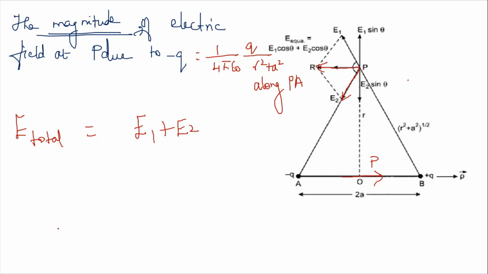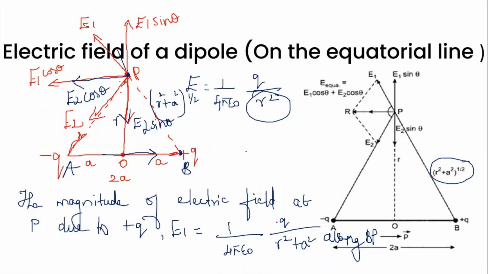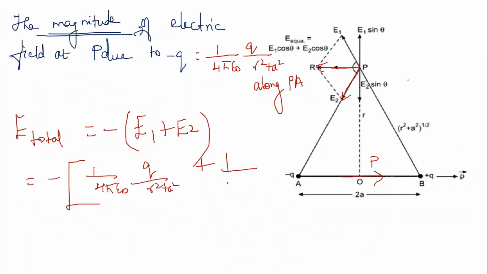So, as it is opposite, you have to put a minus sign here, okay? So, now what you will do is, with the minus, write the value of E1 and E2, 1 by 4 pi epsilon naught Q by R square plus A square, plus again for plus Q also it is the same value. So you have to write the same thing. Q by R square plus A square.